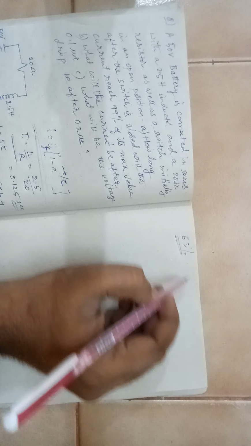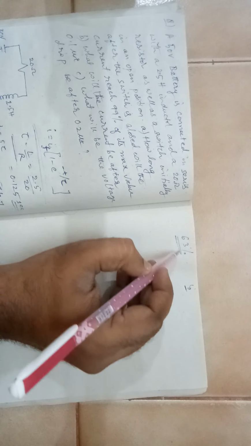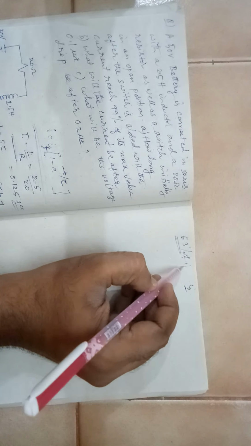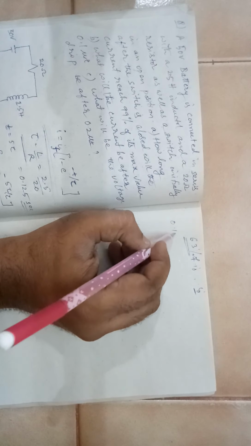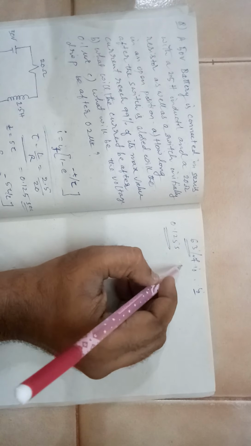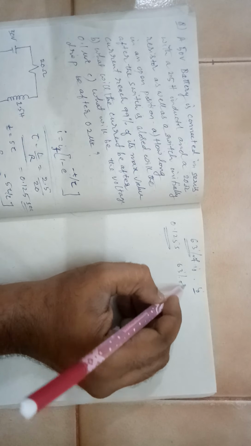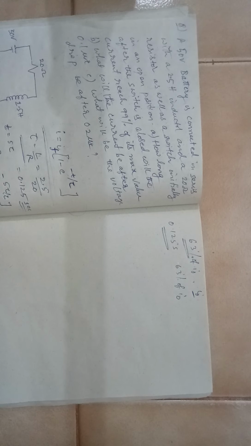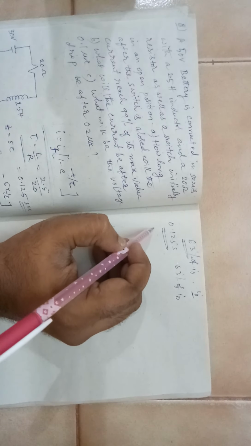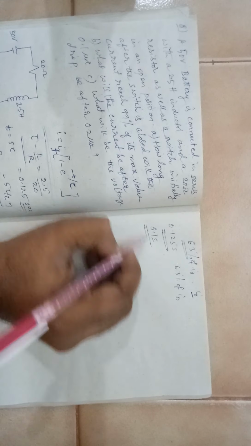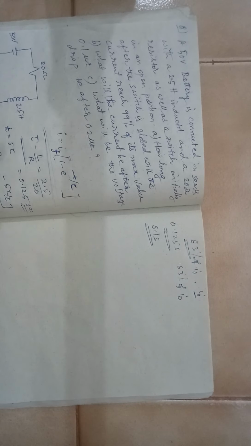If I0 is the final current, 63% of I0 will be transferred in one time constant, that is in 0.125 seconds. So here he has given 0.1 seconds. So how much current will be transferred?